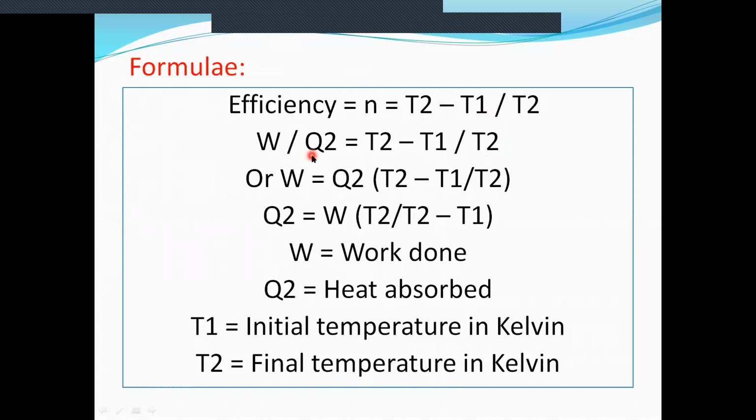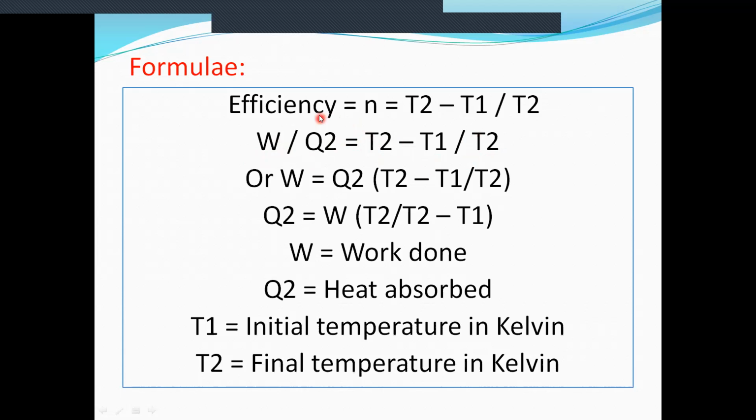temperature. Now the second formula: the efficiency is the ratio W upon Q2, so W upon Q2 is equal to T2 minus T1 divided by T2. This is the second formula.